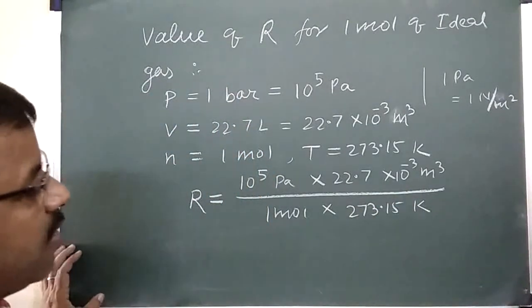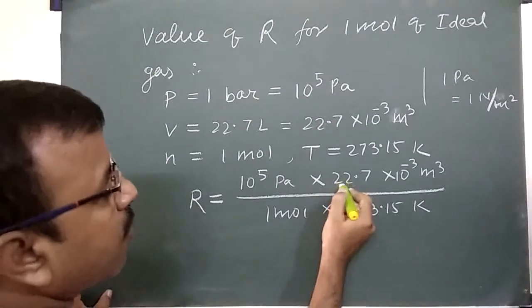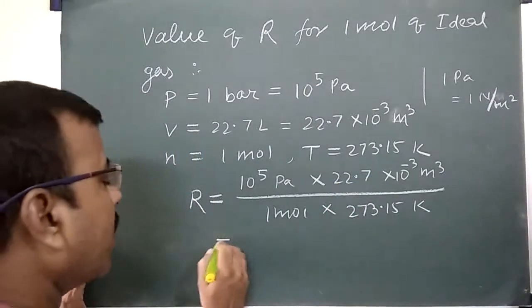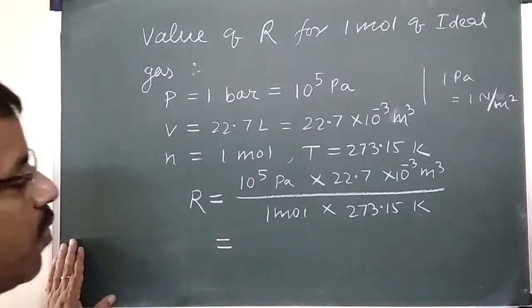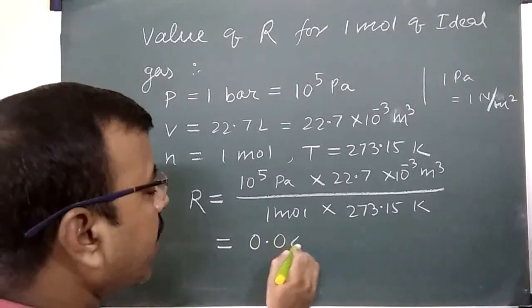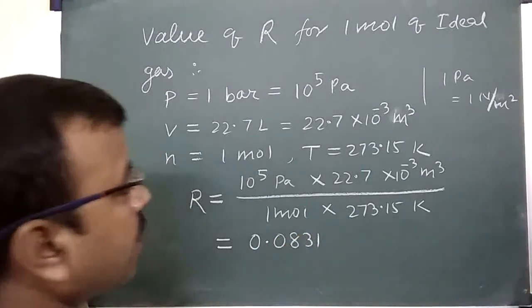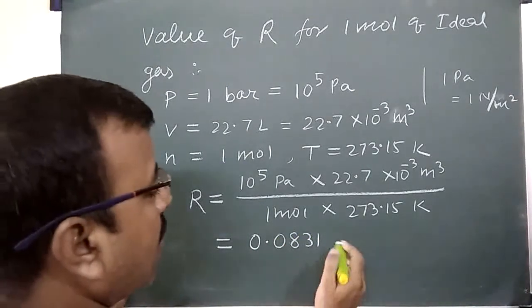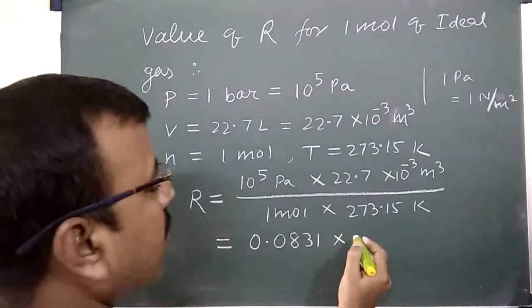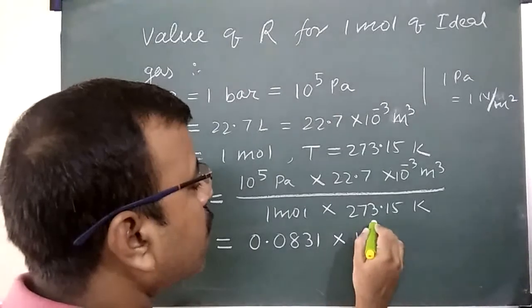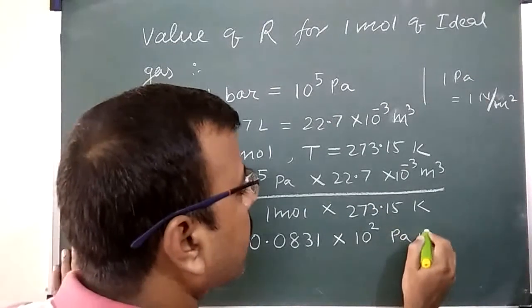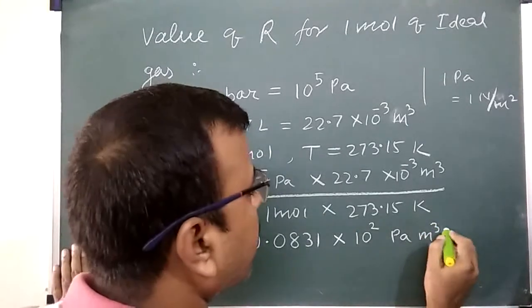So when we calculate, if we divide 22.7 by 273.15, then what value will we get? We will get 0.0831, this one, into, solve it, you will get 10 to the power 2, and Pascal meter cube per mole per Kelvin.